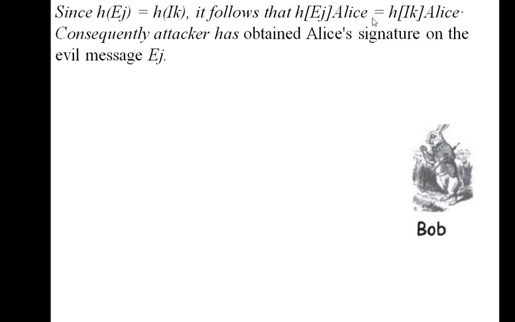So they match. Now the evil message has Alice's signature, signed based on the innocent message. Based on this formula, the attacker generated 2 to the power n by 2 variants to convince her to sign.